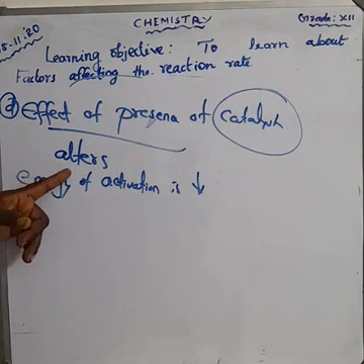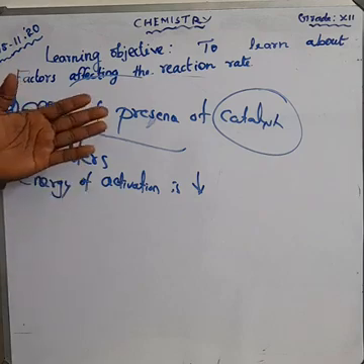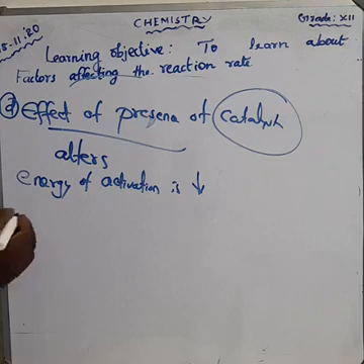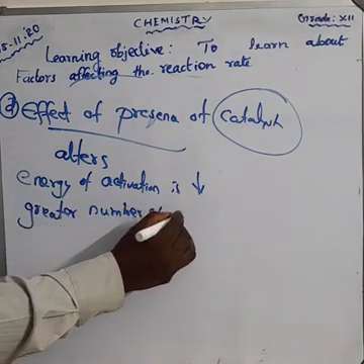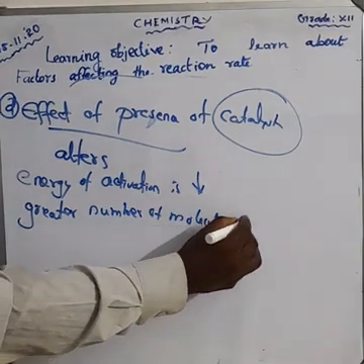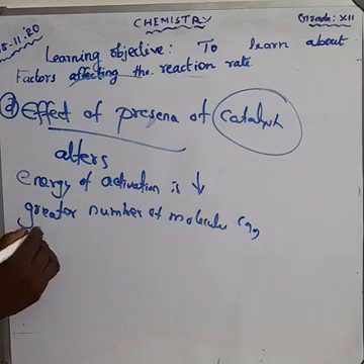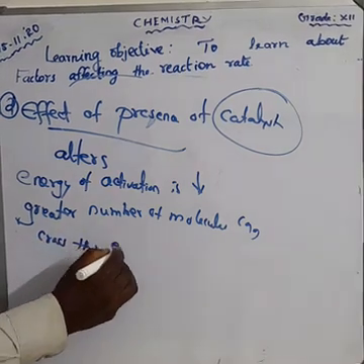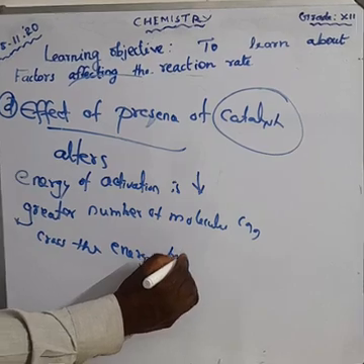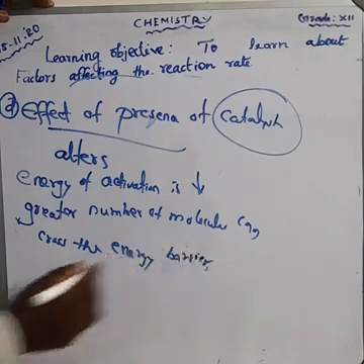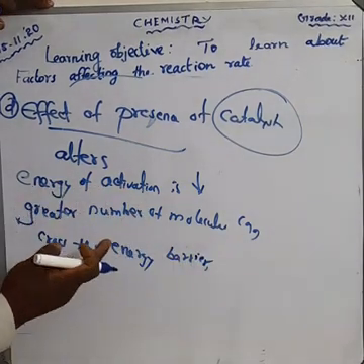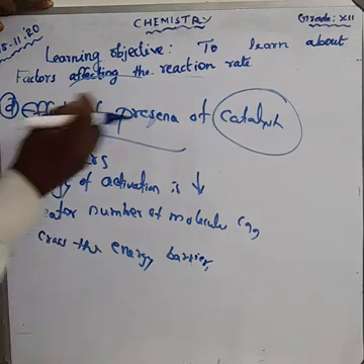Here, the energy of activation is lower, hence a greater number of molecules can cross the energy barrier and change over to product.